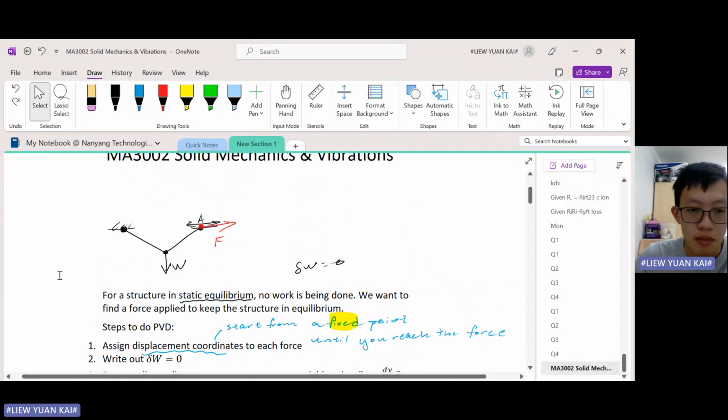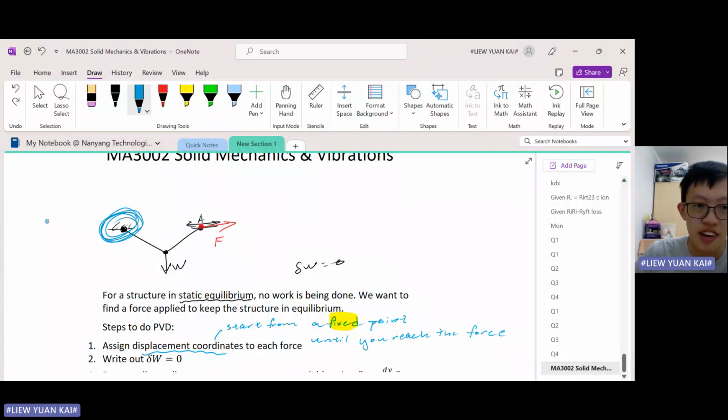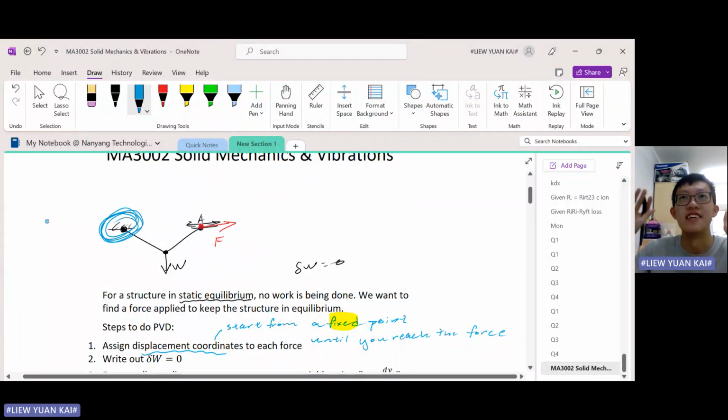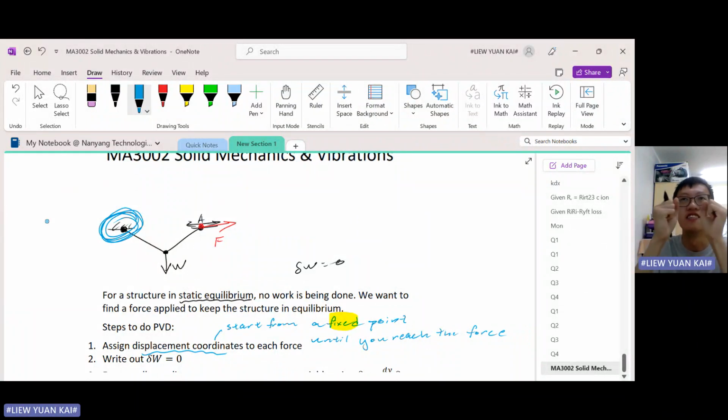Now, in these diagrams for PVD, you can tell what's the fixed point by this shading. Don't take this for granted. The shading actually means it's a giant wall or a floor or a ceiling. And for these problems, these ceilings, walls, and floors don't move. They're just a giant monolithic structure that doesn't move.